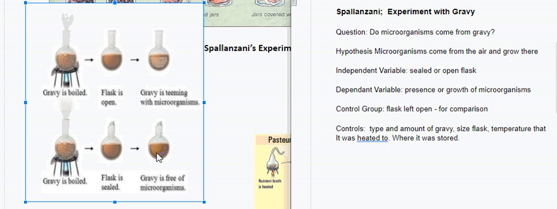But the problem is that scientists and society at the time believed in something called phlogiston. Phlogiston was this miraculous material found in the air that provided life for everything. And scientists said, you did not give the gravy in the sealed container the ability to get to phlogiston.